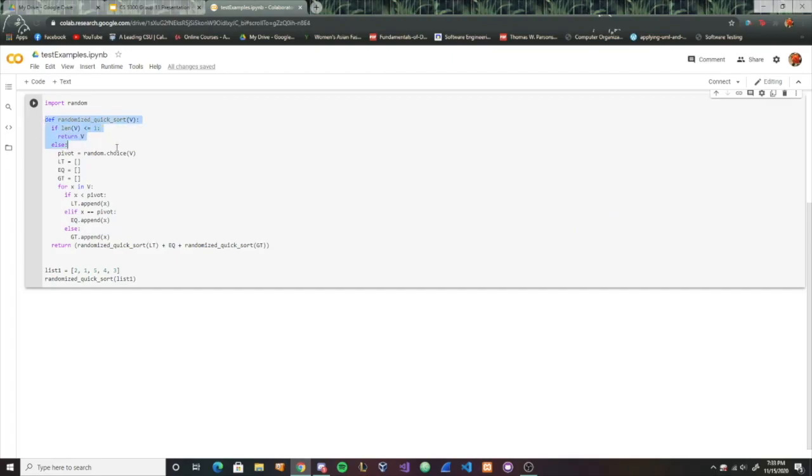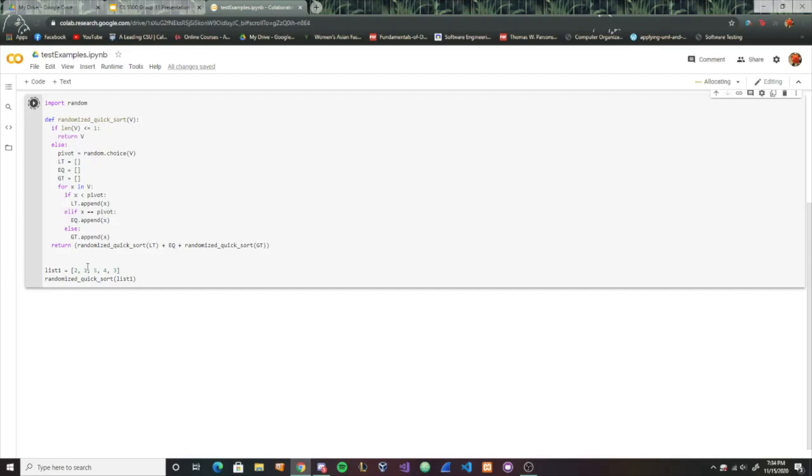As you can see, we picked the pivot randomly out of the list, and we made 3 different lists: one for storing numbers less than the pivot, one for storing numbers equal to the pivot, and one for storing numbers greater than the pivot. We loop through the list comparing the numbers to the pivot and storing them accordingly. We do it recursively until the whole list is sorted.